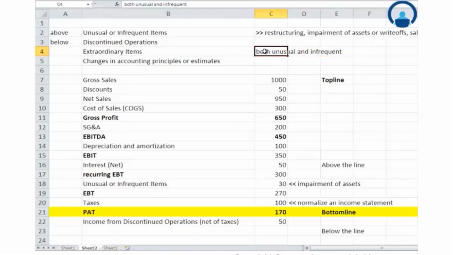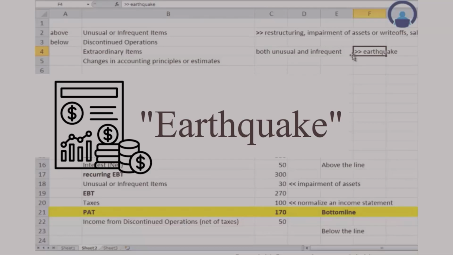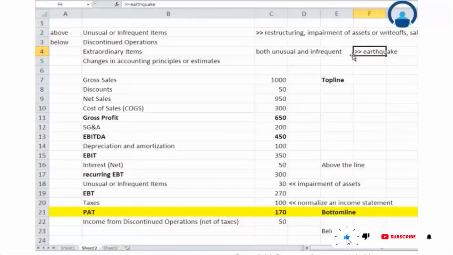Now just to give you an example, what would these be? Let's say a loss due to an earthquake. This can be an unusual and infrequent item. Let's say if you have not insured your factory, losses which are uninsured would be definitely unusual and infrequent. Other examples could be tornadoes or eruptions, that can also be a part of the unusual and infrequent.